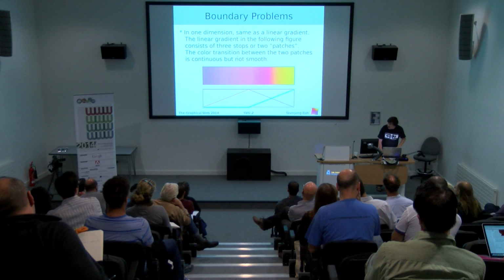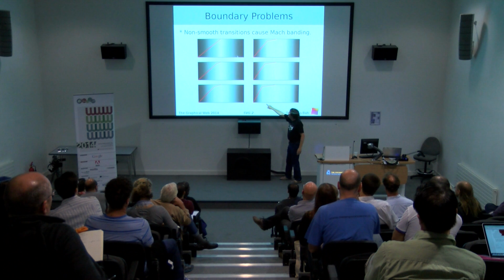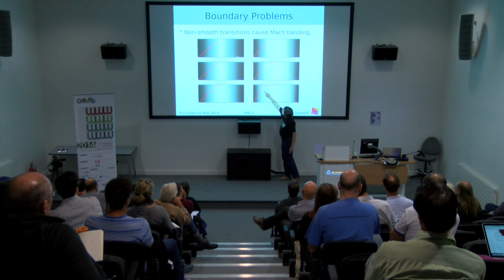And you might not think that's a problem, but it turns out it is, because your eye works in a complicated way. Your eye is tuned to look for those kinds of sharp transitions. And you can see, for example, here, this color is smooth, but because of the break in the curve here, your eye picks that out and it makes it look lighter.